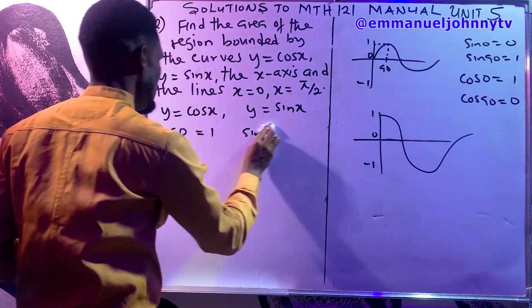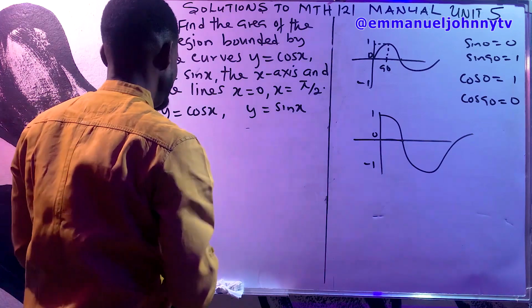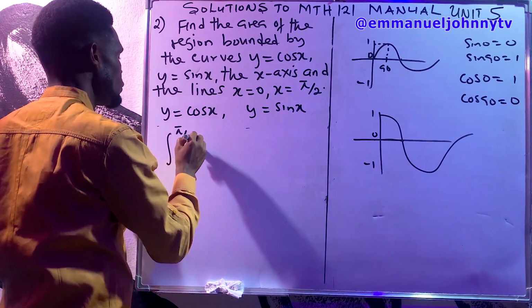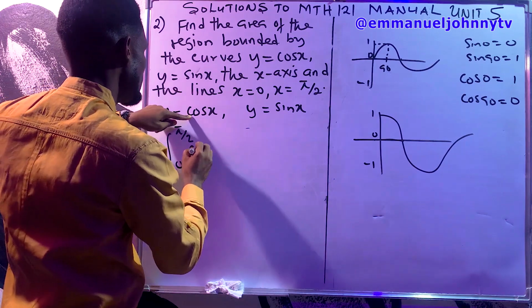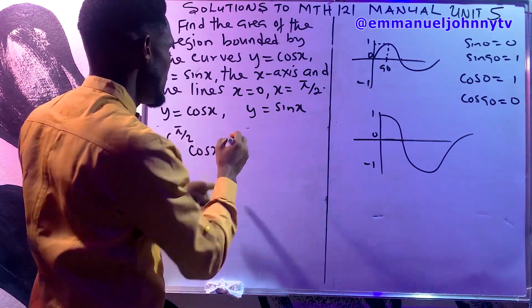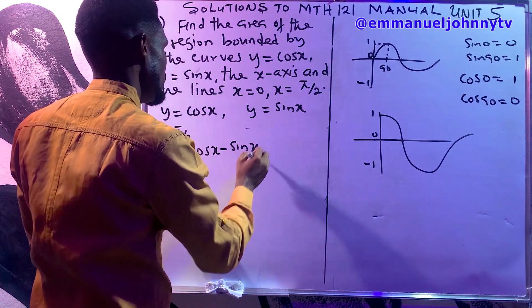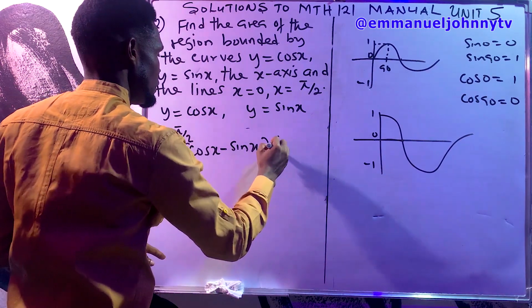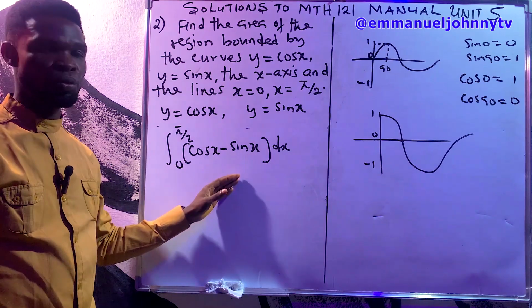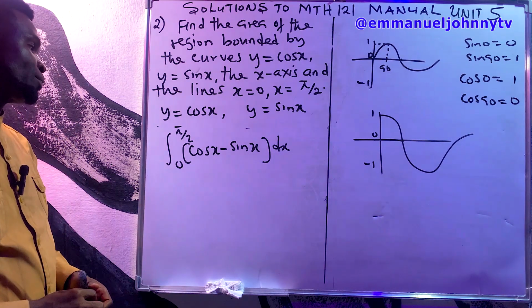Okay, so if we do that, we are going to have the integral from 0 to pi over 2 of cos x minus sine x dx. So this is what we are actually going to integrate.